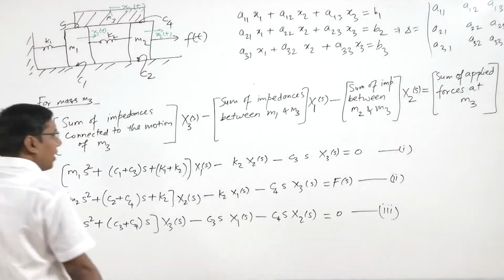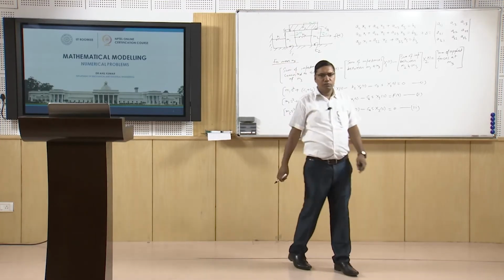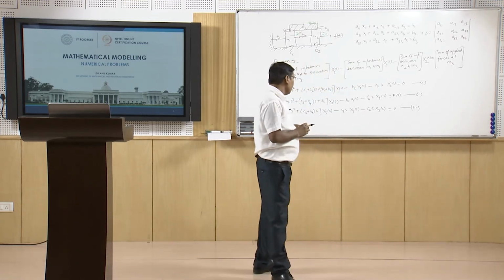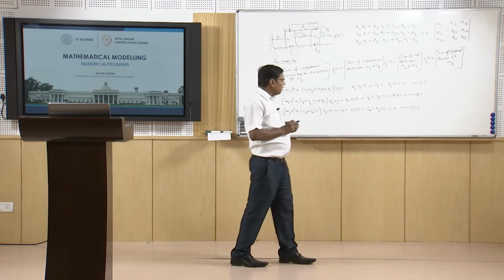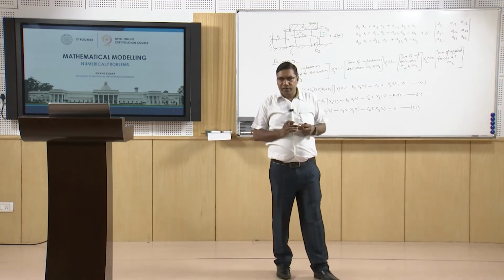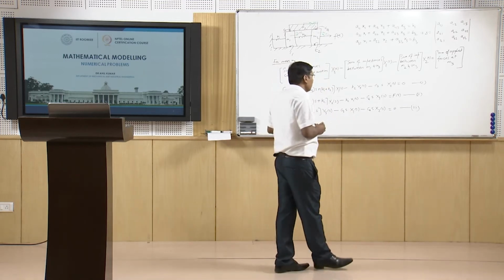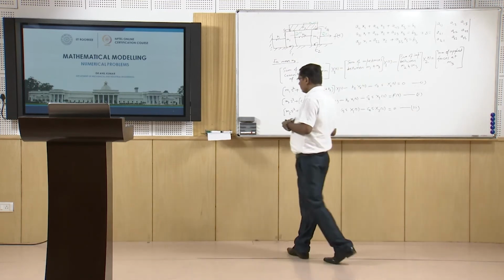So we can use Cramer's rule to find the transfer function, whether we are interested in finding x3(s) upon F(s), or x2(s) upon F(s), or x1(s) upon F(s). So we can find this transfer function.